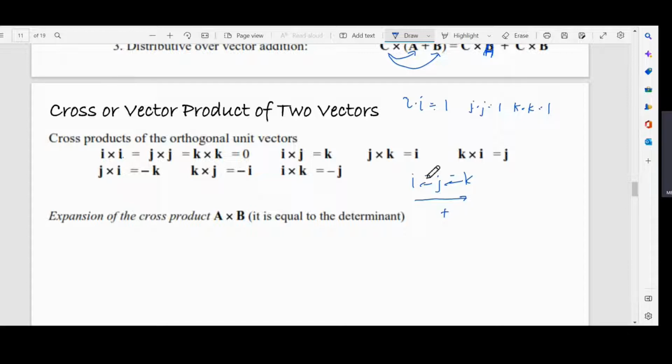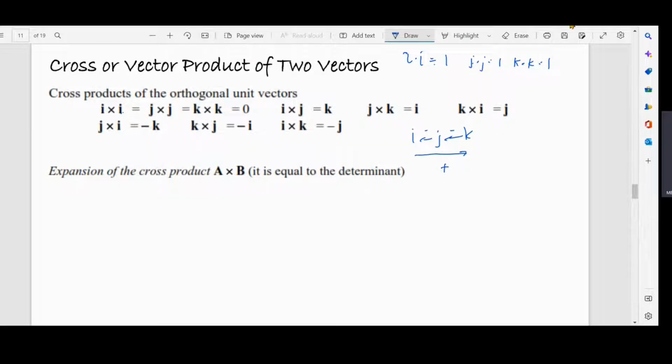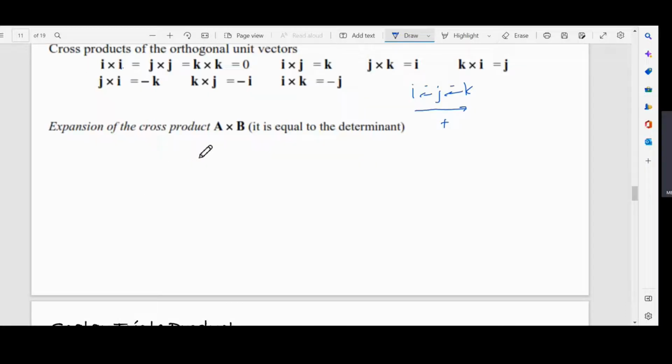So, for the cross or vector product of two vectors, it will be equal to the determinant. So, dito na papasok yung ating matrix. A cross B is equal to the determinant, or the expansion of the cross product. Let's say, for example, nasa board tayo. This bold letter A here is just equal to A with an arrow on top, di ba?